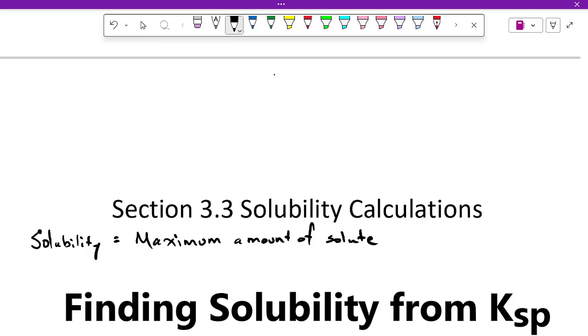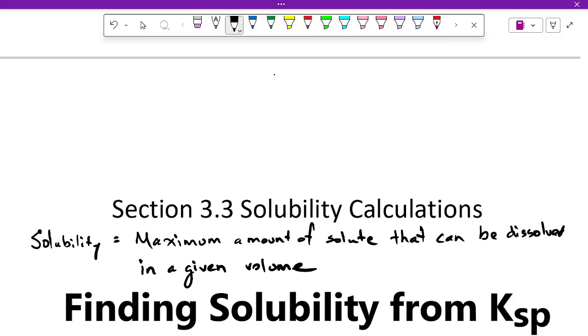The maximum amount of solute that can be dissolved in a given volume.